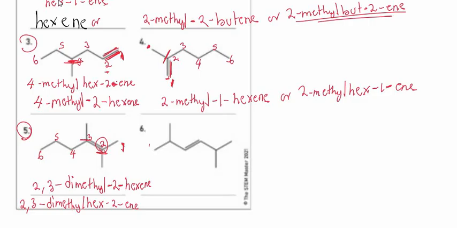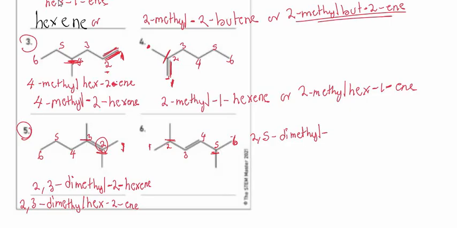For this one, you can say this is my 1, this is my 2, this is my 3, this is my 4, this is my 5, this is my 6, which is here. Where exactly are the branches? It's this part and this part. So the name of this, you can say, is 2,5-dimethyl.